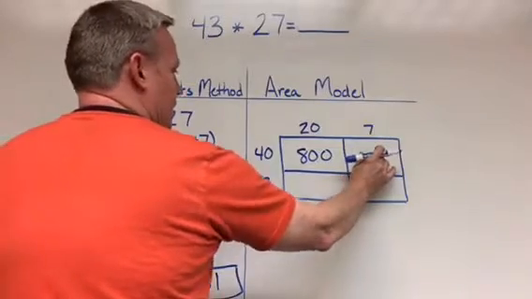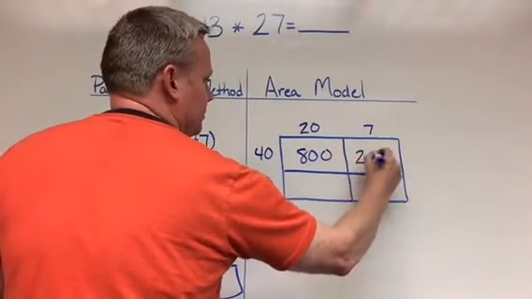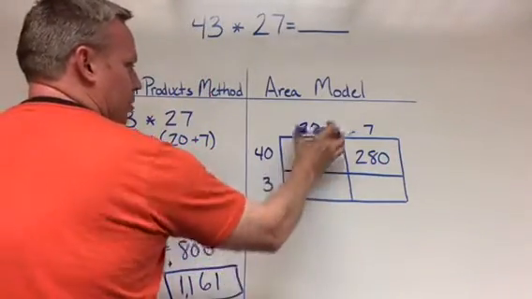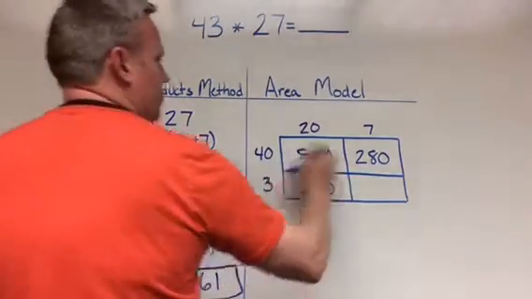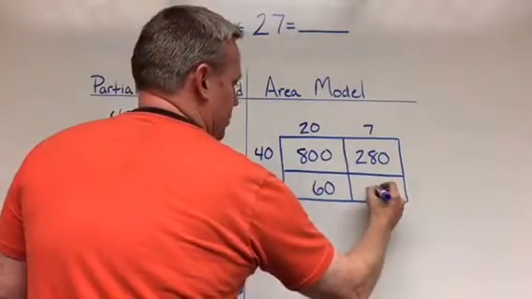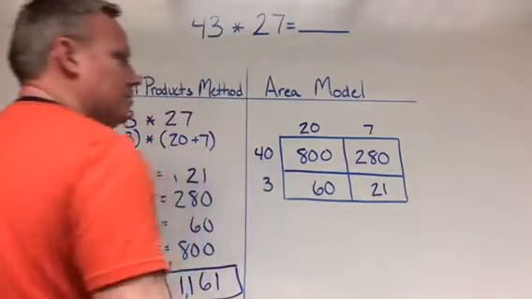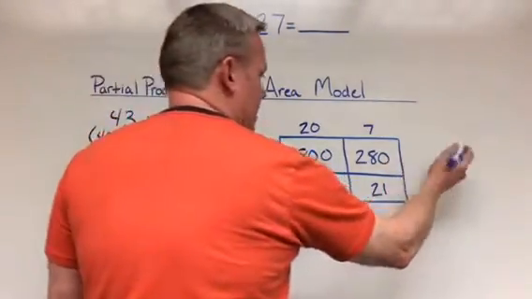On this rectangle here, I'm multiplying 40 and 7. For this rectangle here, I'm multiplying the 3 and the 20. And for this rectangle here, I'm multiplying the 3 times the 7 for 21. Okay. And then I'm going to add these numbers up.